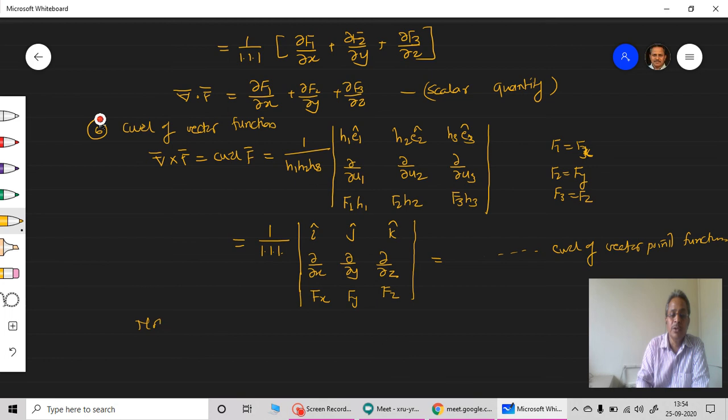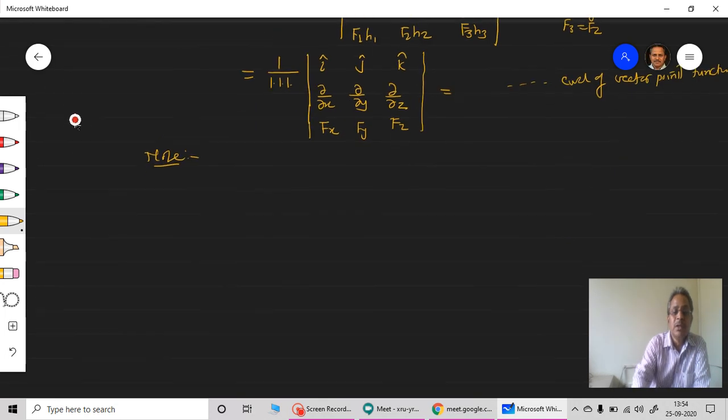Now note, we have learned these things earlier, आपण मागच हे शिकलो आहोत. So when del bar cross f bar is equal to 0, this is called a rotational vector field.